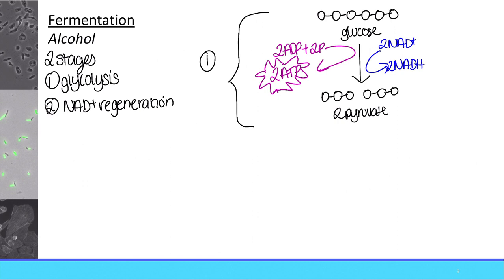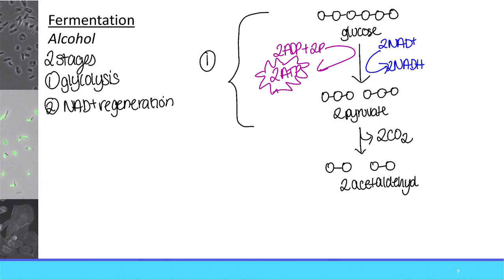We take that 2 pyruvate and we have enzymes that of course help with each of these steps, just like all of our other processes. We actually have 2 CO2 that come off. Those CO2 come from the carbons from pyruvate. So we end up with two 2-carbon molecules, and these are known as acetaldehyde. So we get 2 acetaldehyde.